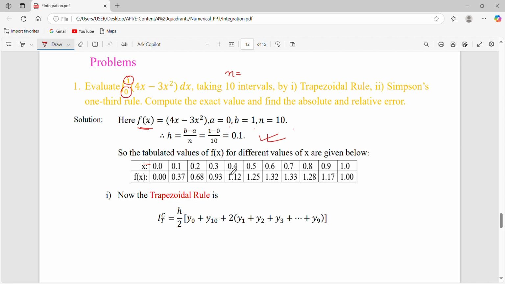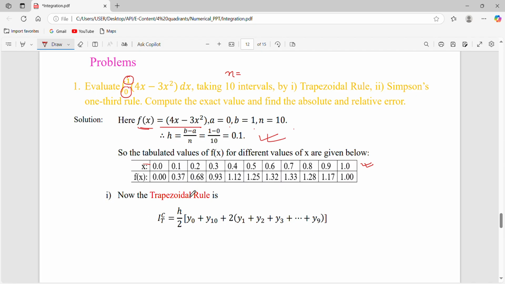In this way you will reach 1.0 and stop there, because the last point is 1. Next, for the corresponding values of x, you find the values of f(x) by putting the value of x in the function 4x minus 3x squared.